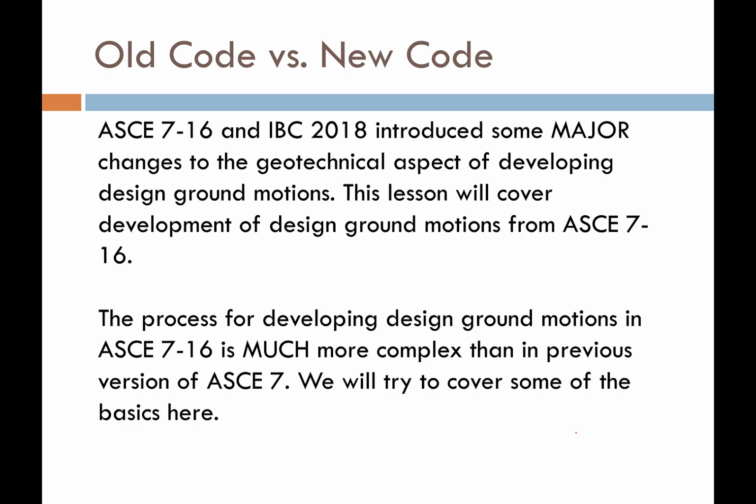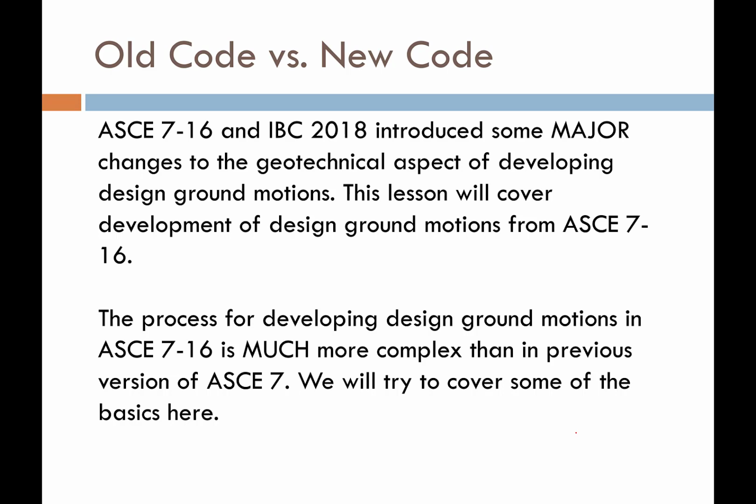So ASCE 7-16 and IBC 2018, while those codes already had the risk-targeted structural components, they were still based on some pretty old and archaic geotechnical components from the old code, back in like ASCE 7-05.